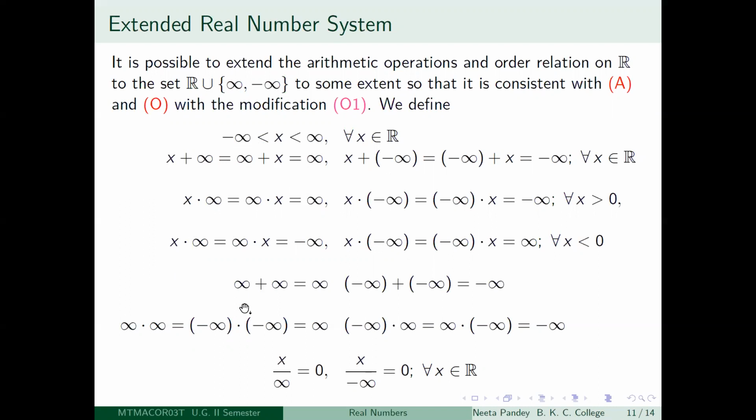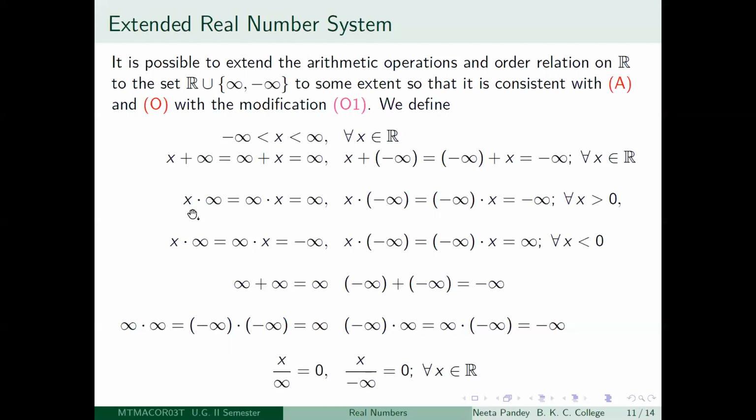If you take infinity and add it to infinity, you should get infinity. If you take minus infinity and add it to minus infinity, you should get minus infinity. So this particular statement and this particular statement are leaving out what will happen if infinity and minus infinity are added. We will see that that is going to create some problems.